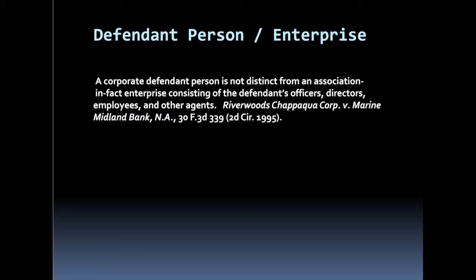Well, you can't name the corporate defendant as the defendant person and then turn around and allege that the corporation is operating and managing an enterprise that consists of the CEO, the vice president of marketing, the vice president of finance, the COO, the CIO.